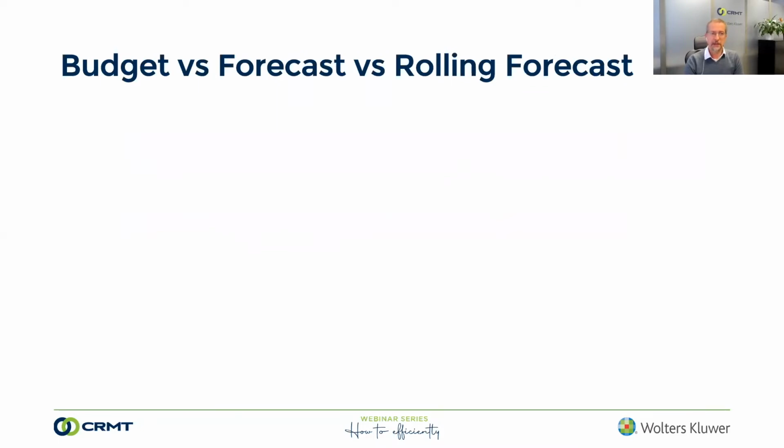So today, a bit of background on budgeting, forecasting, and rolling forecasting. When we are talking about budget, the abbreviation BGD, we are usually talking about the planning for the fiscal year. For most companies, this is the period from January to December of the next year.